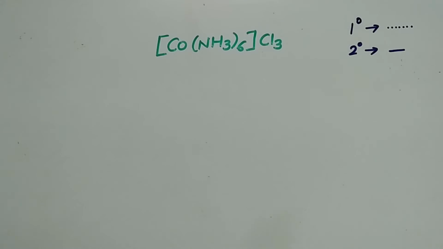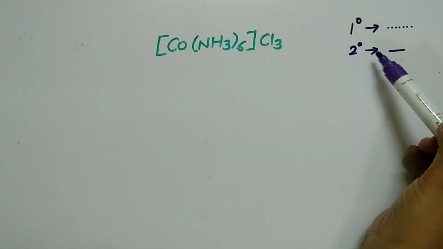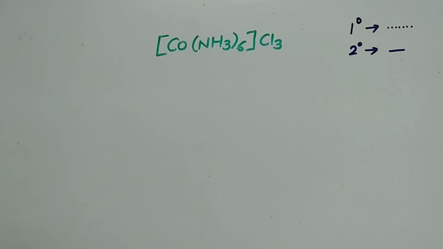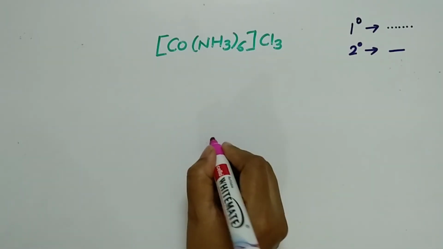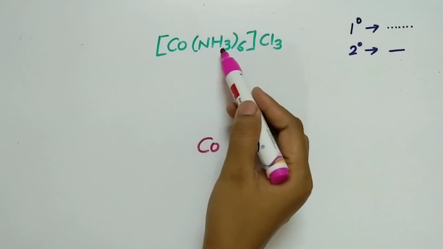So he represented the primary valencies by dotted lines and secondary valencies by a solid line, means just a straight line. Okay. So this was the first complex, correct, according to the formula. So how to draw this? Co, how many ligands are there? 6 ligands inside, right? With the Co, 6 NH3 are attached.